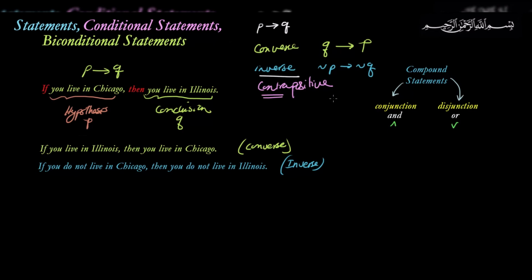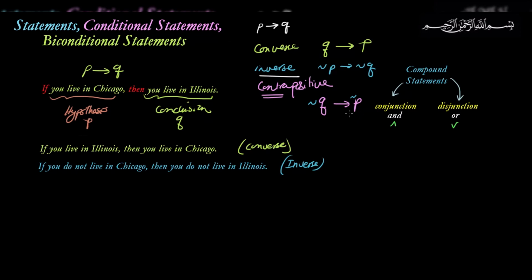So you flip the statement. P goes to Q, so Q goes to P. You take the converse first, Q goes to P, and then you do the inverse.